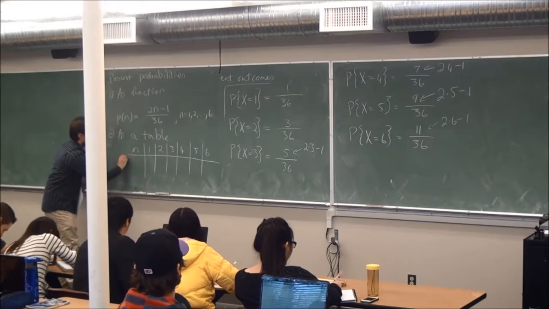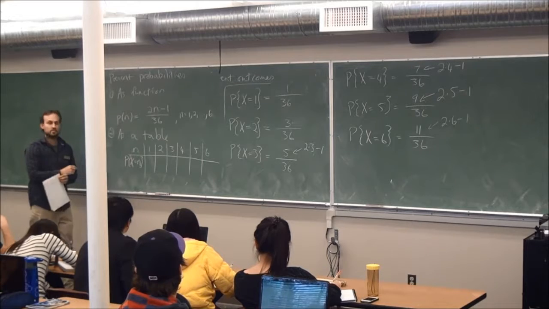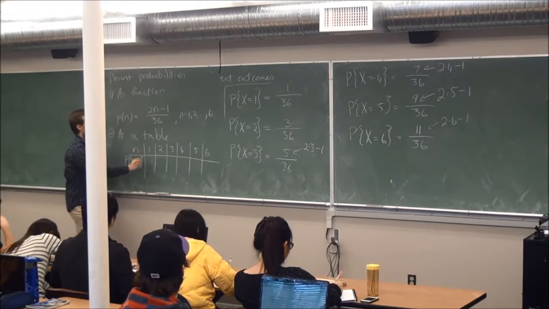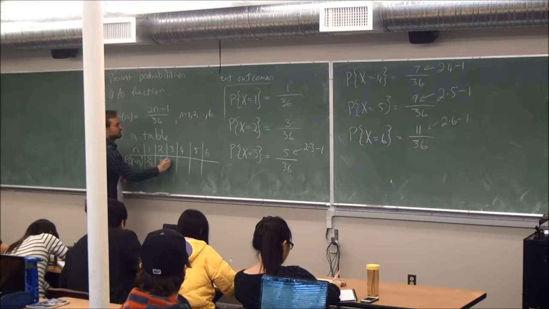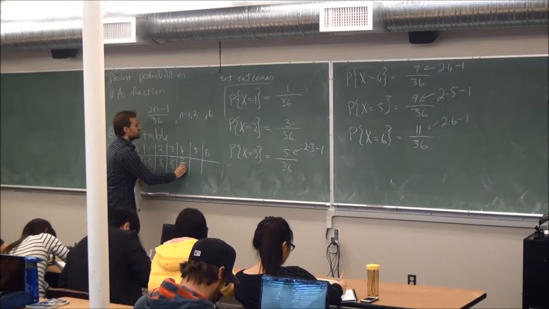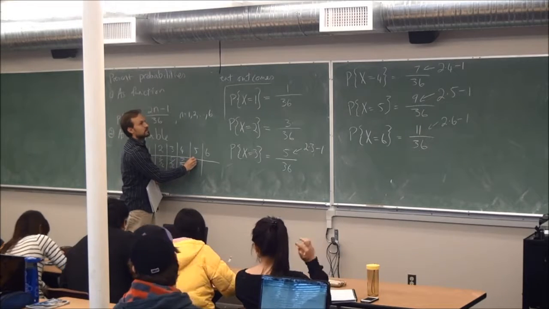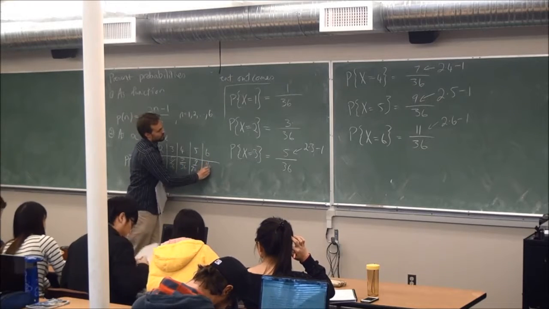And then let's list the corresponding probability that x equals that value. Just make a table. Write them all out. 1 over 36, 3 over 36, 5 over 36, 7 over 36, and 9 over 36, and 11 over 36.